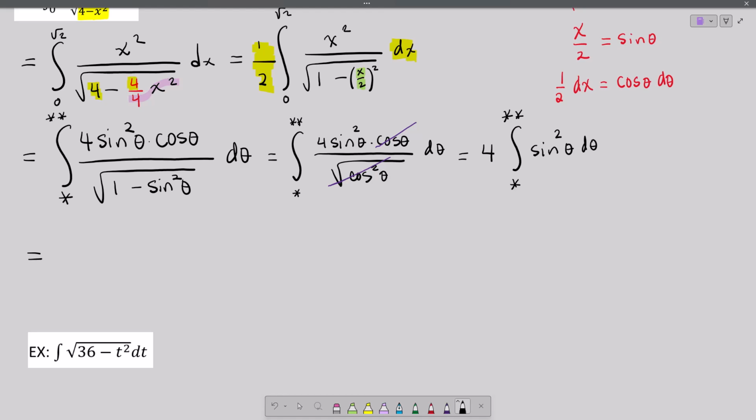So we are going to get 4. And then the power reduction is 1/2. So that 2 comes out in front, the 1/2. And then it's going to be 1 plus or minus cosine of 2 theta. Which one is it? For sine, is it plus or is it minus? Minus.